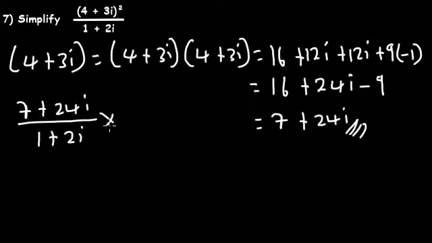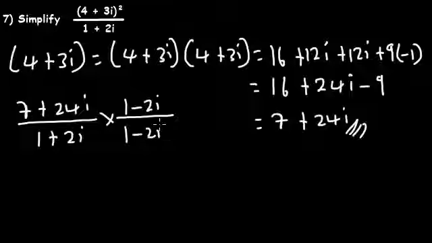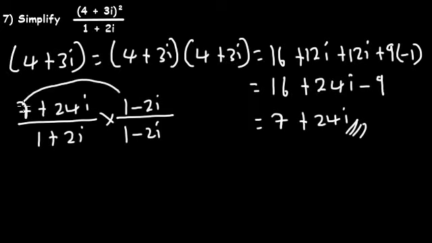At this point, I can rationalize. To rationalize, we find the conjugate of the denominator and then multiply the top and bottom by it. The denominator is of the form 1 plus 2i, so its conjugate becomes 1 minus 2i, divided by 1 minus 2i. Again, another expansion, but I don't want to put it within parentheses this time around, but instead show it with a pattern. 7 times 1 for the numerator gives us 7. 7 times negative 2i gives us negative 14i.